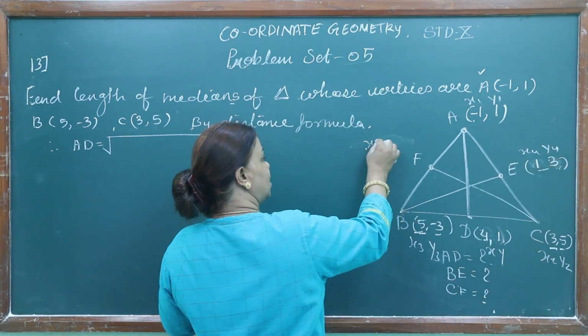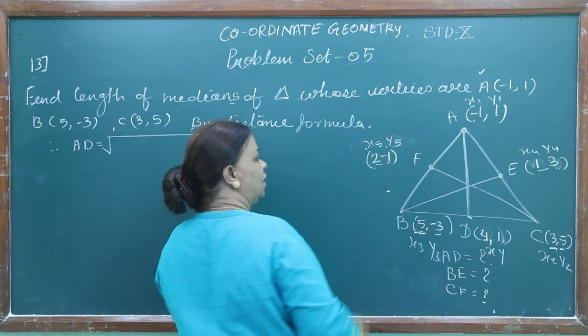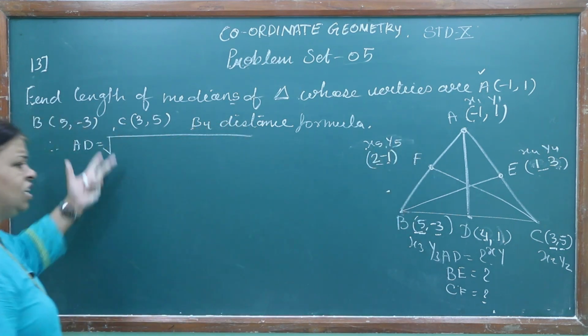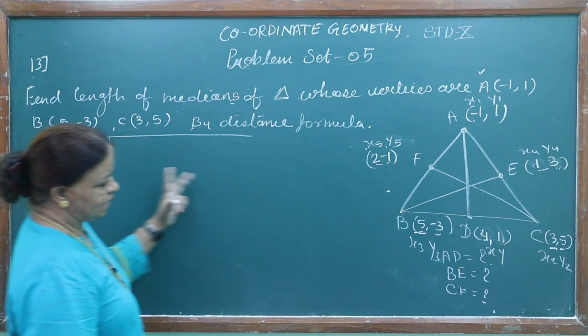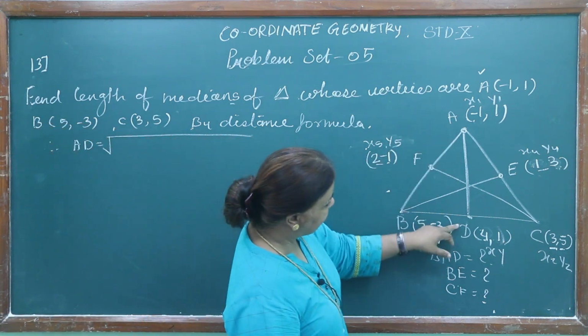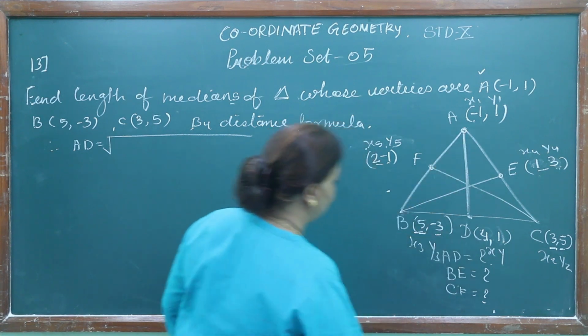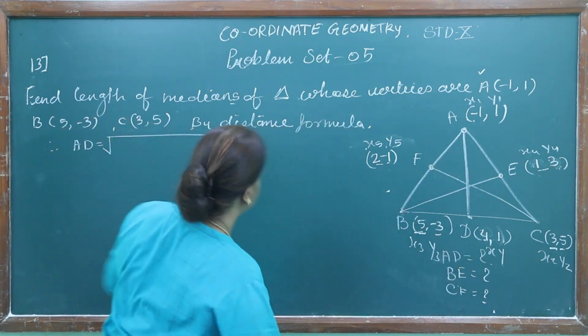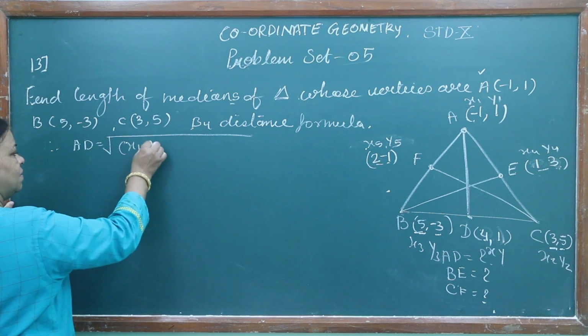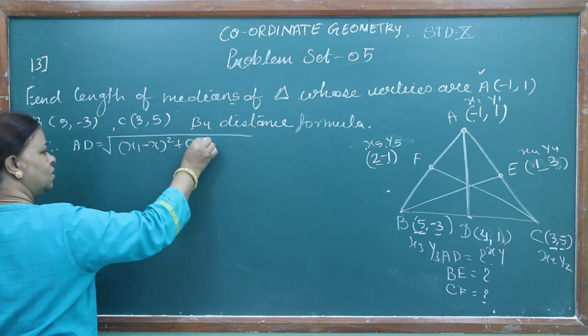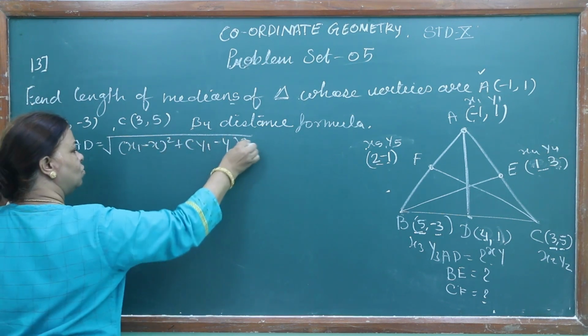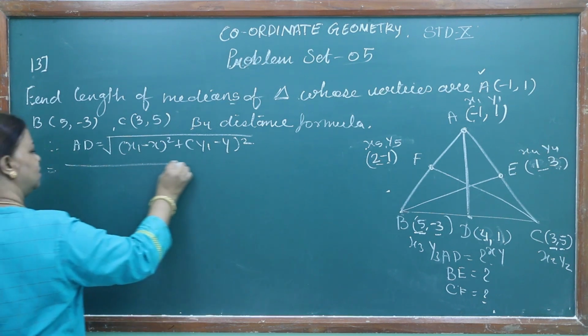This would be x5 y5. Initially only you could have taken, but let us. So we want AD, this is x y, this minus this, or x1 minus x the whole square plus y1 minus y the whole square. Place the value, children.